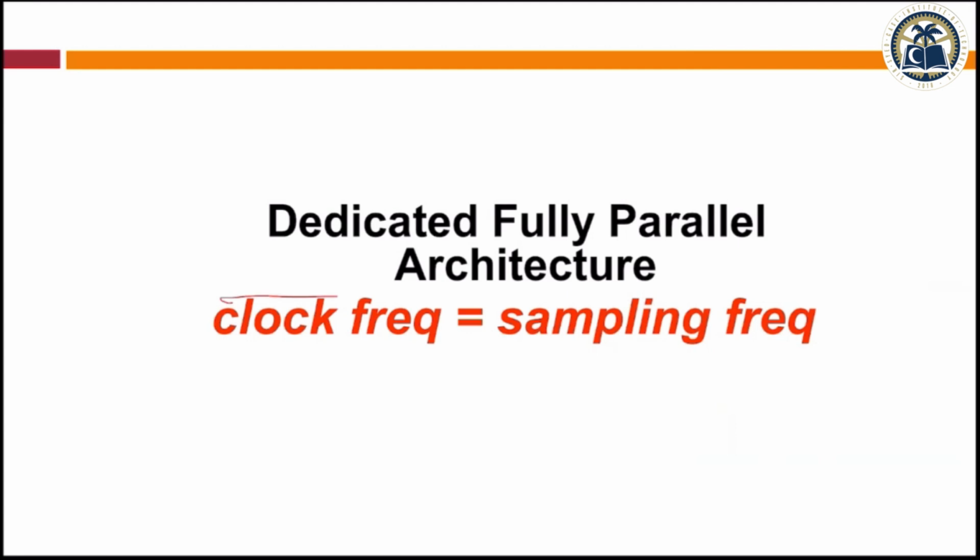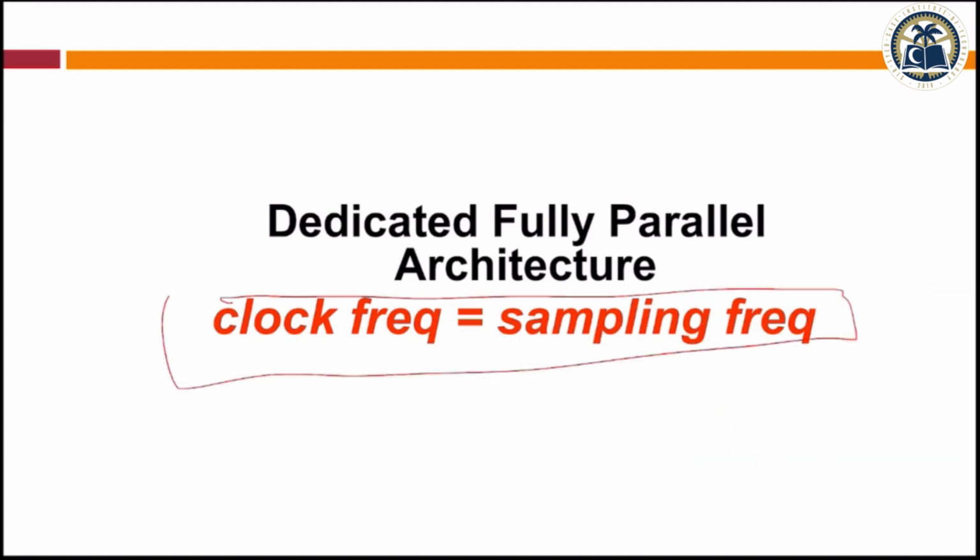The best case is, you say, I have a very simple use case where my clock frequency is equal to the sampling frequency. The rate at which I'm getting the data, I process it, so it's a very easy case, especially if you're doing sample by sample processing.